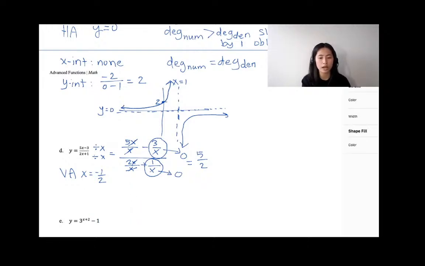Now moving on to our x-intercepts and y-intercepts. For the y-intercept, you have to plug in 0 anytime you see an x. So maybe we can quickly go over that. Plug this into your calculator: 5 times 0 minus 3, and in your denominator, 2 times 0 plus 1.